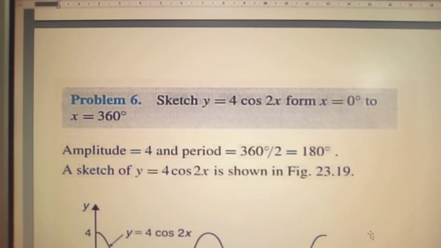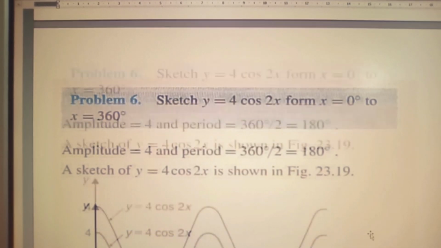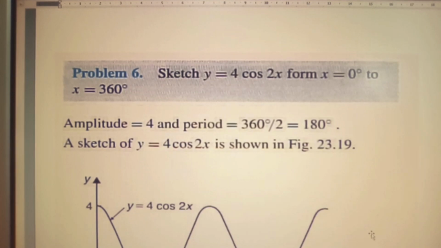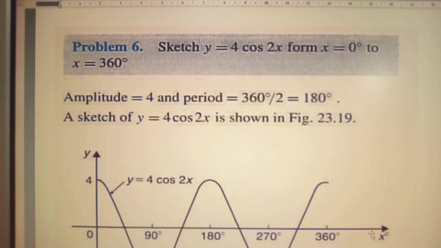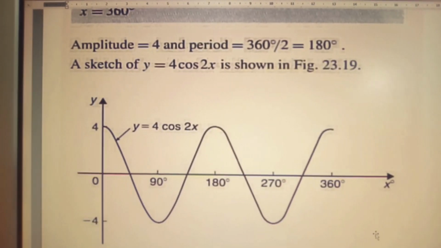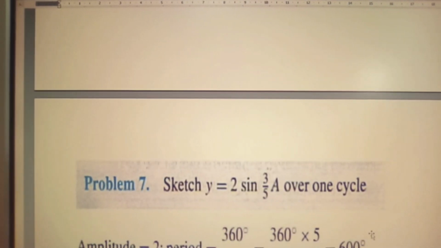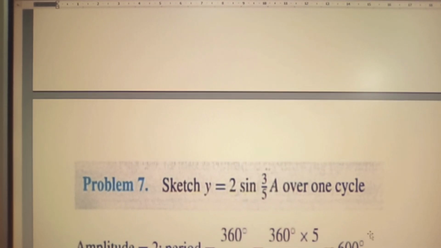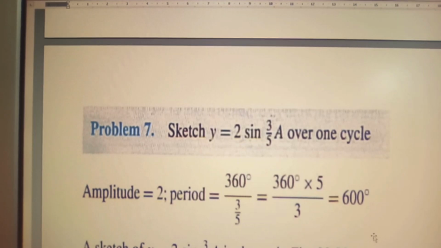Now here, problem 6 asks you to sketch y equals 4 cos 2x from x equals 0 to x equals 360. And here you're looking at the process of doing that. And here we have problem 7.